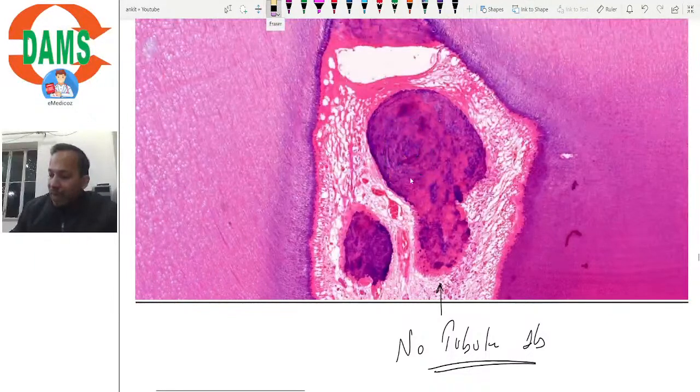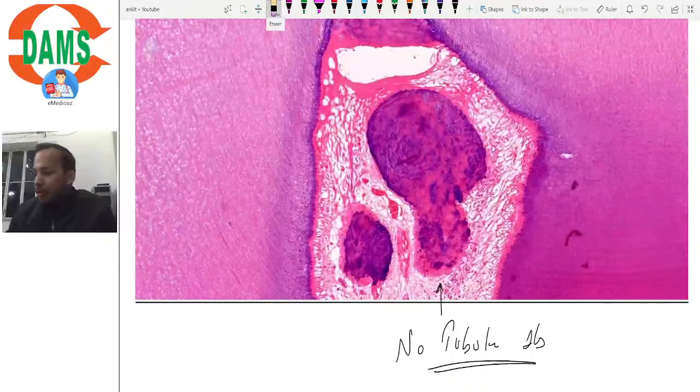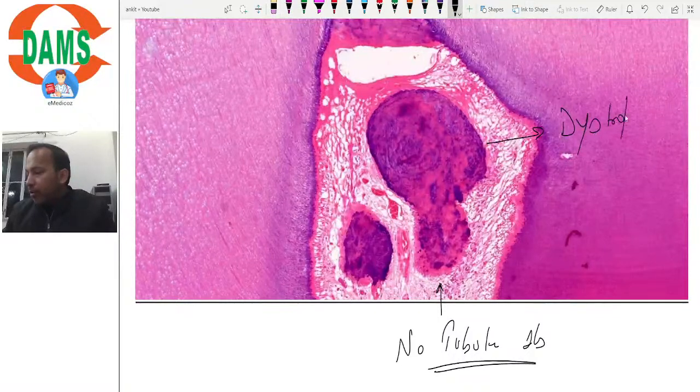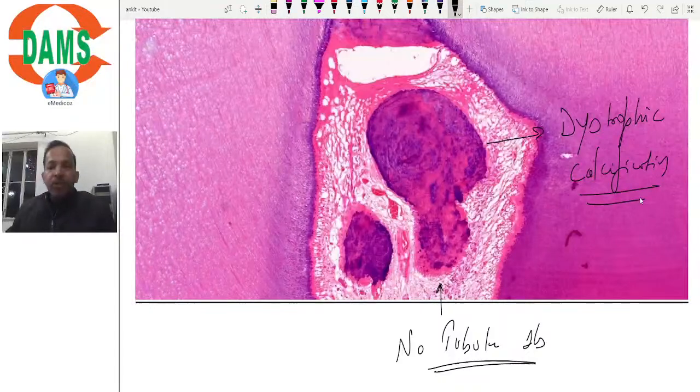So this stone has formed by layer deposition of the calcified matter. So this is due to dystrophic calcification. This is an example of dystrophic calcification. This is the false pulp stone.